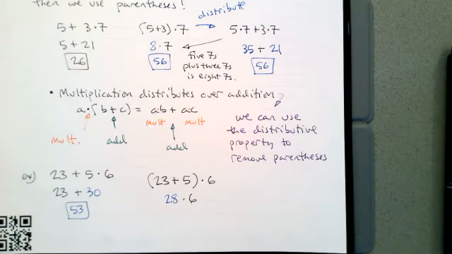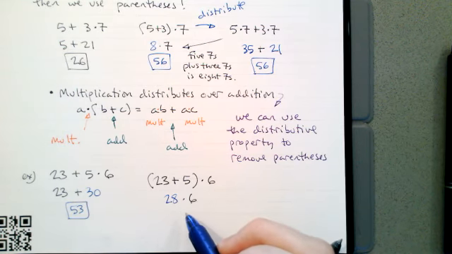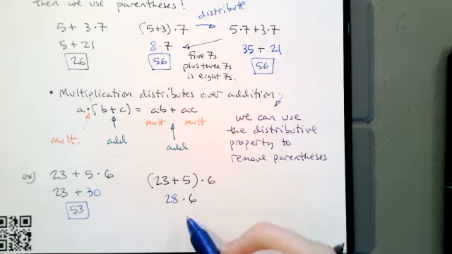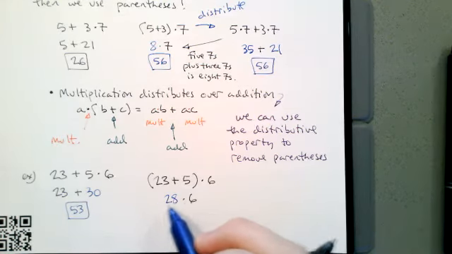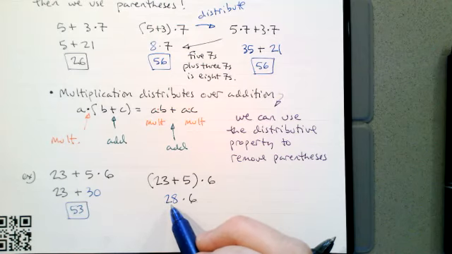So 28 times 6 is, dang, I need to redistribute. How much is it? 120. Well, 6 20s is 120.